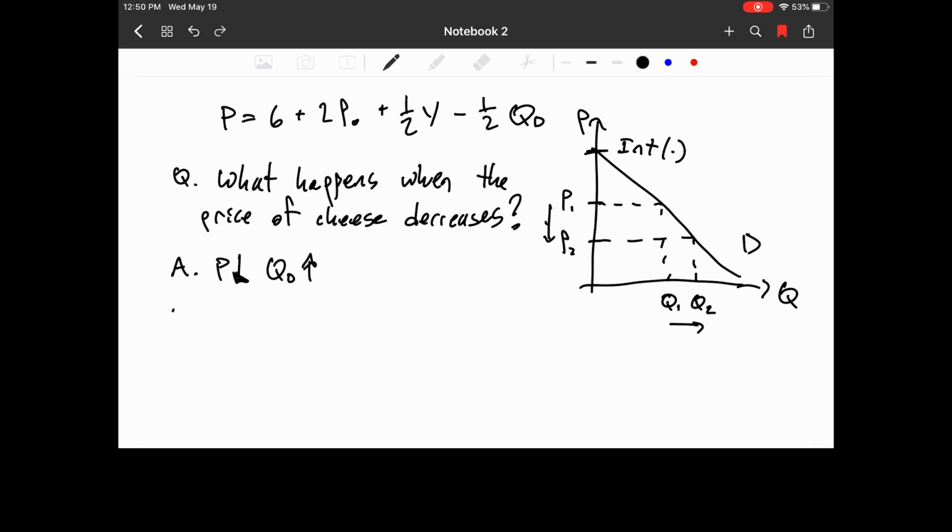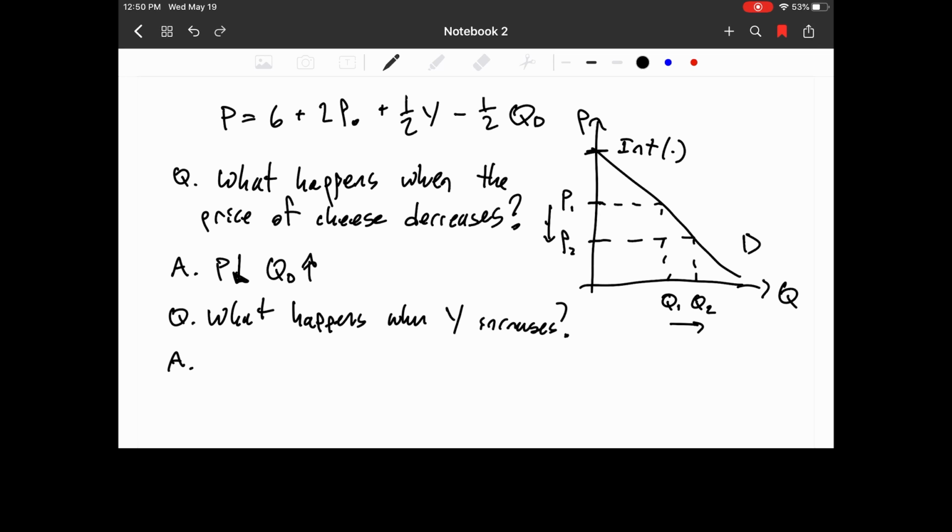But what about the second question? What happens when y increases? Okay. To set this up, we have to think about small changes. We could do this with small changes, or we could do it with big changes.